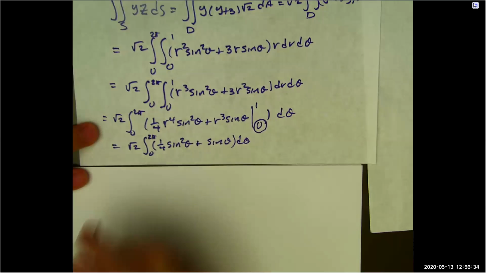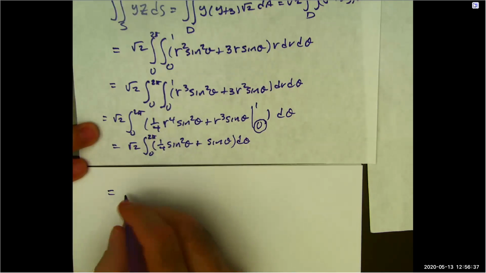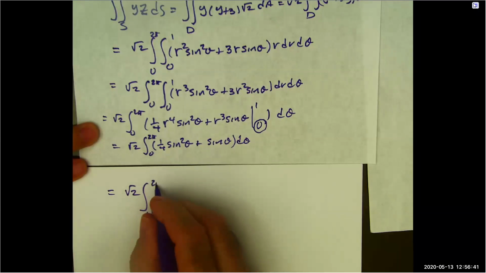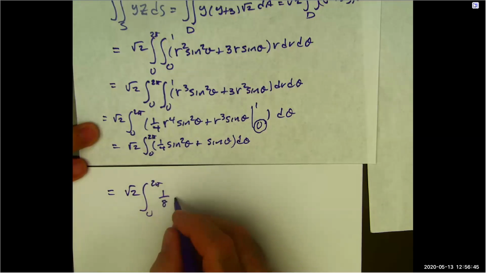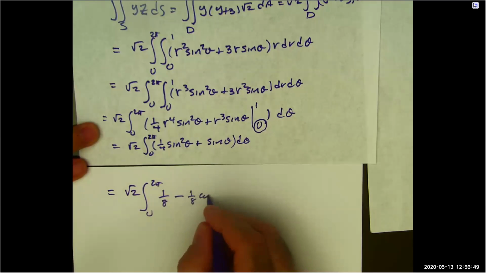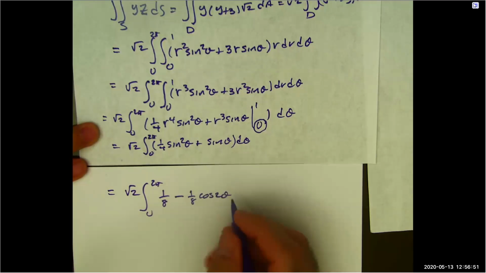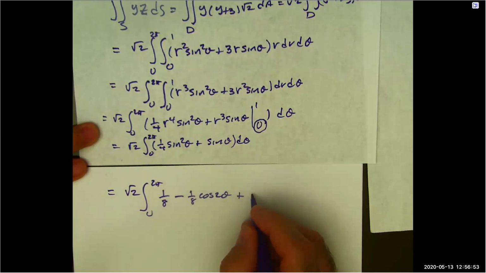And so let's finish this one. So for the first one, we're going to have root 2, 0 to 2 pi, and this is going to give me 1/8 minus 1/8 cosine of 2 theta, and then plus the sine of theta.